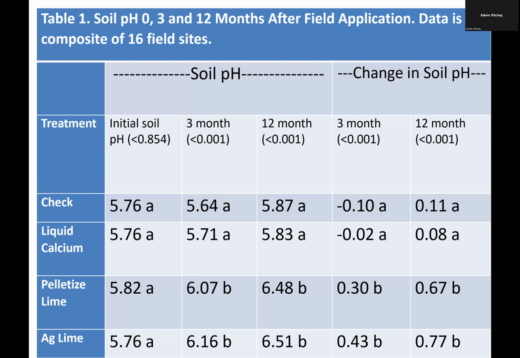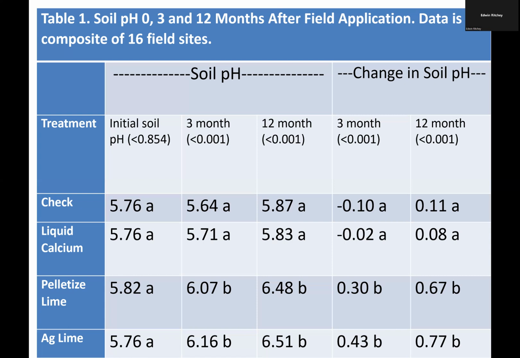And if you just look at the change variable, it really was within 1/10 of a unit plus or minus at 3 or 12 months out, whereas the other ones increased as much as 7/10 of a unit. So we're actually neutralizing acidity with the pelletized lime and ag lime, where we're not doing anything with the ones we wouldn't expect to do anything.